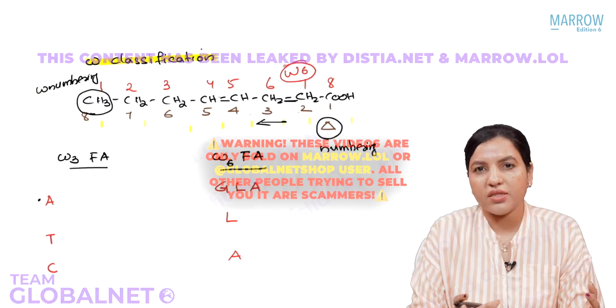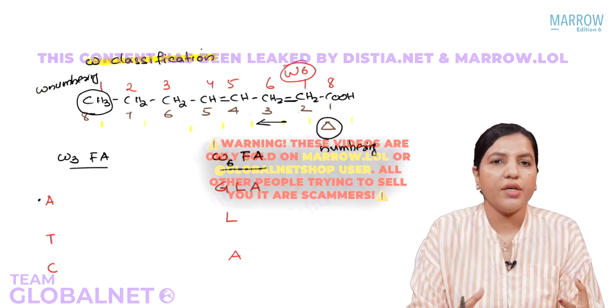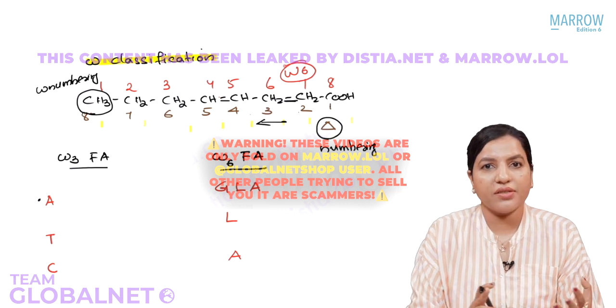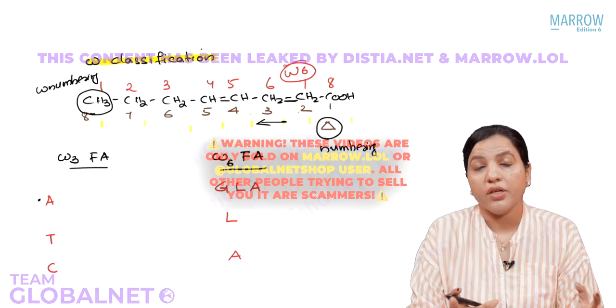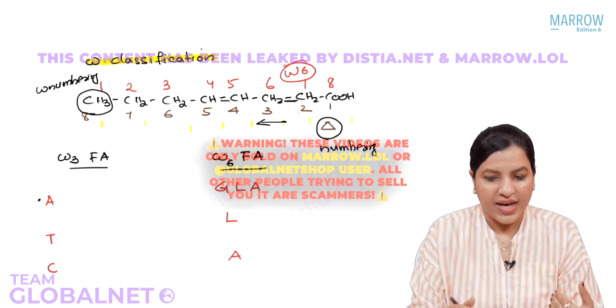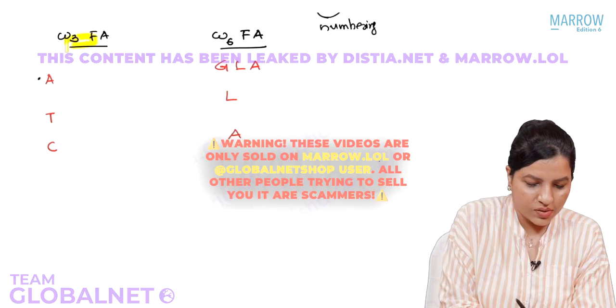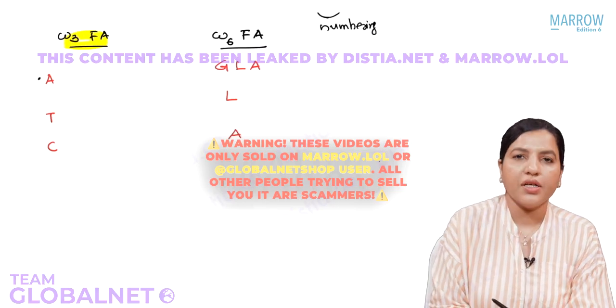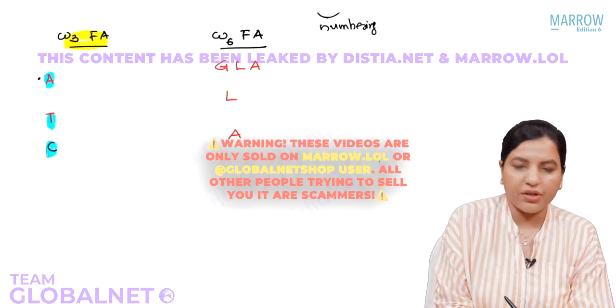This is a very clinically applied topic. Why? Because omega 3 fatty acid versus omega 6 fatty acid is a controversial topic. Which is better? So we will see examples of omega 3 and omega 6 fatty acids. First, the omega 3 fatty acids. I have given the mnemonic A, T, C, which you can remember like that.